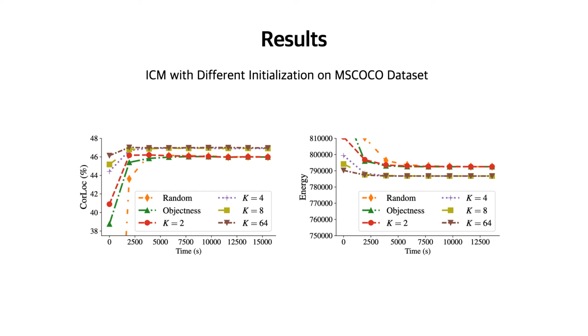We use the labels from this experiment to initialize ICM and plot the correct localization rates and energy values over time. Markers are used to show the elapsed time between two epochs. As both CorLoc and energy plots show, ICM converges to a better local optimum if subproblem size K in the initialization method is more than or equal to 4.